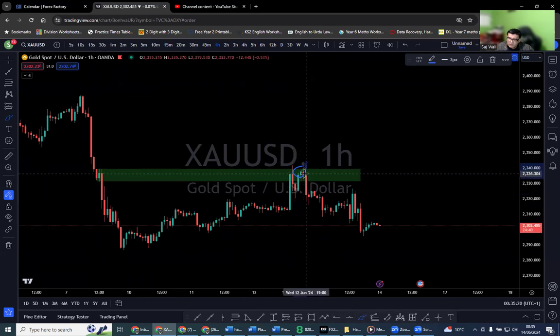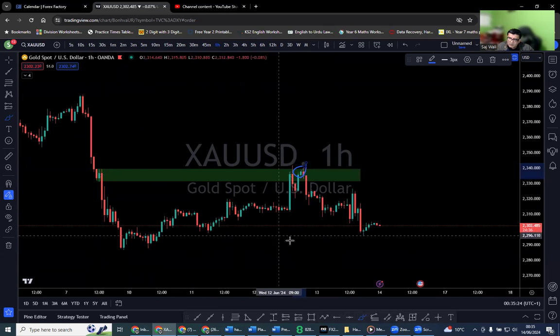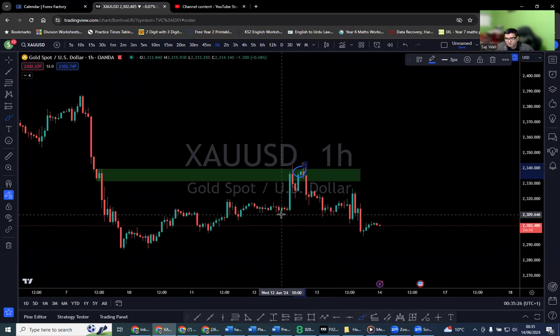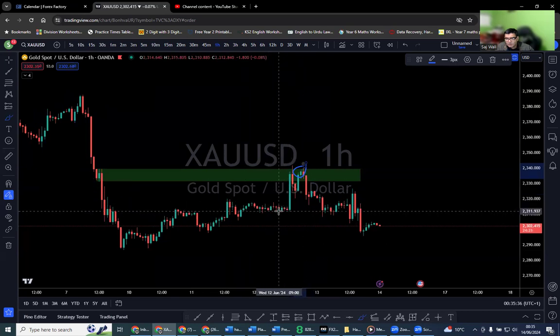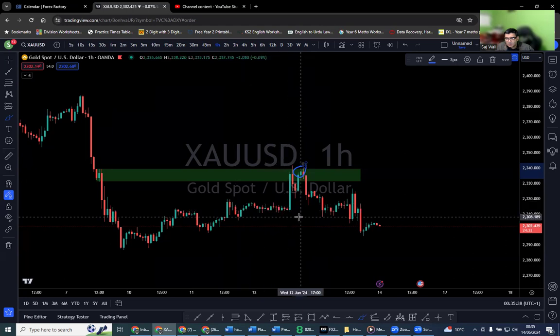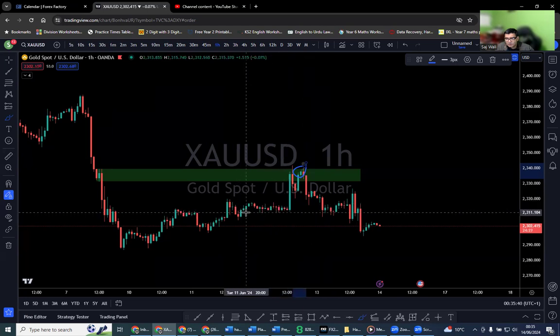So double top here, and liquidity sweep, and now because the market is bullish, this structure level was broken, and to the upside BOS, which we normally call it. And let's see what's happening here now.